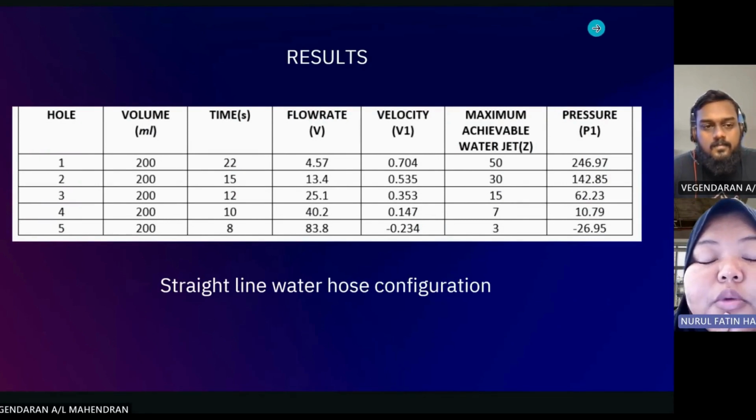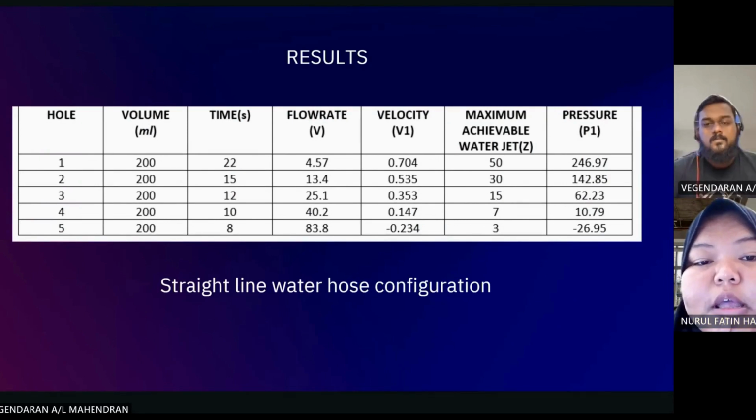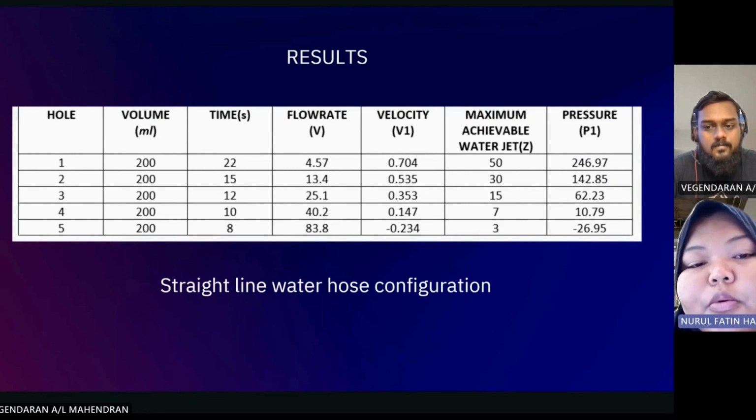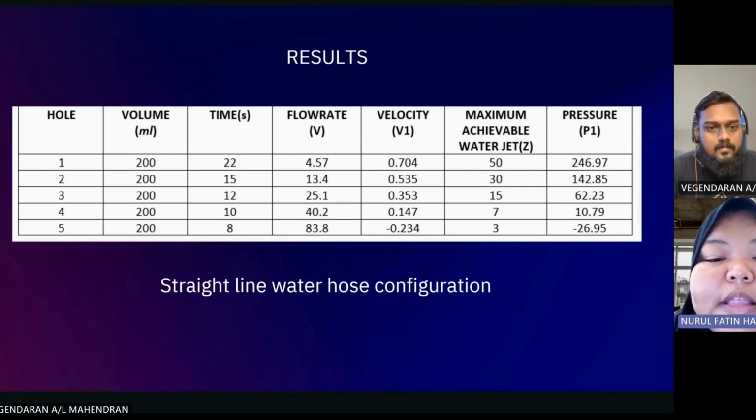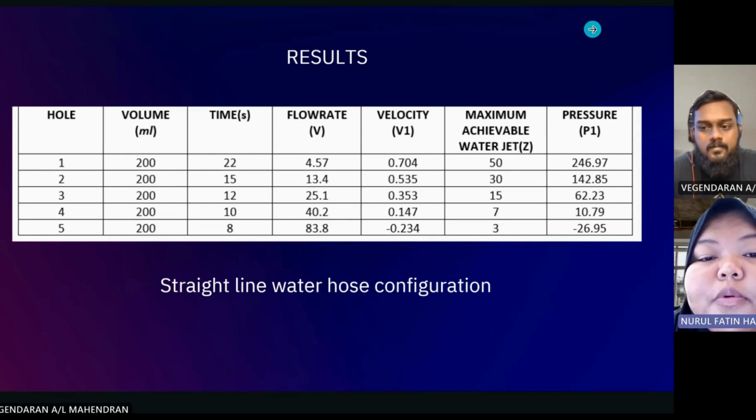We use 200 milliliters, and the time from hole one we get 22 seconds. From hole two we get 15 seconds. From hole three we get 12 seconds. Hole four we get 10 seconds. Hole five we got 8 seconds. Flow rate, velocity, and pressure I will explain later in the calculation.